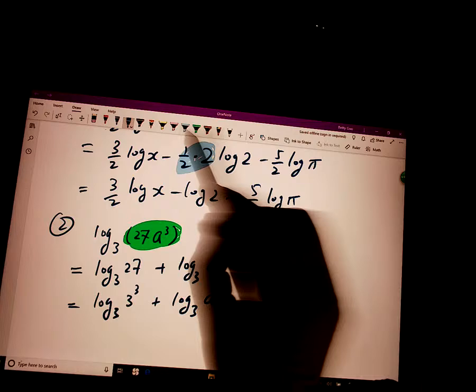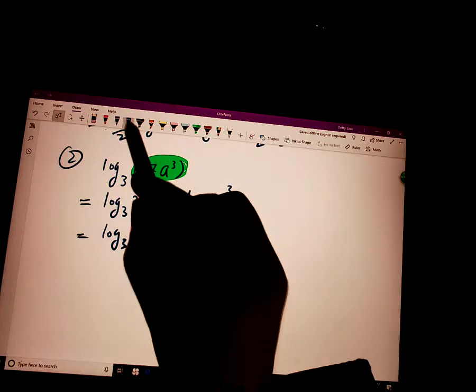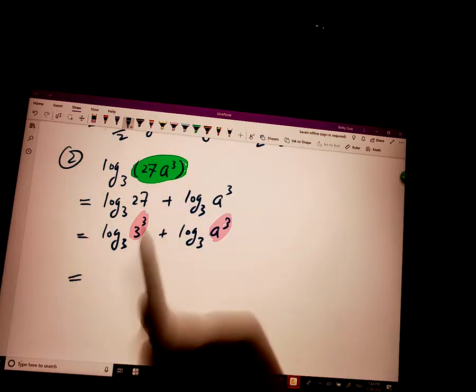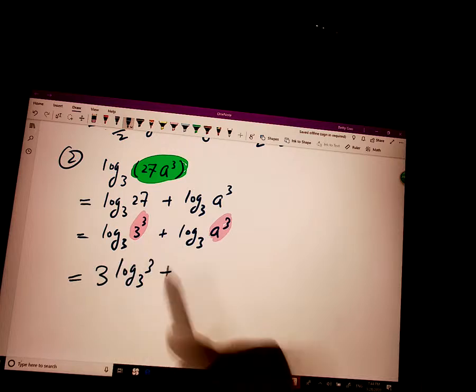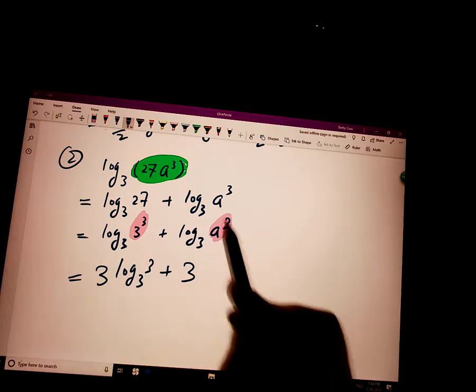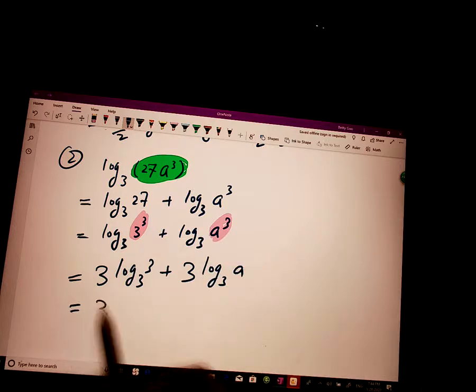For both of the two arguments, they are powers. So we're going to apply the power rule for each. We move the exponent 3 in front: log base 3 of 3, and the exponent 3 in front of log base 3 of a. What is log base 3 of 3? Remember a formula from the previous video.